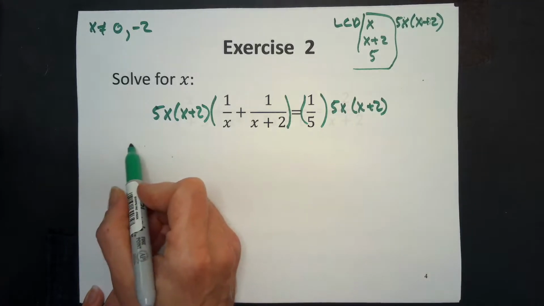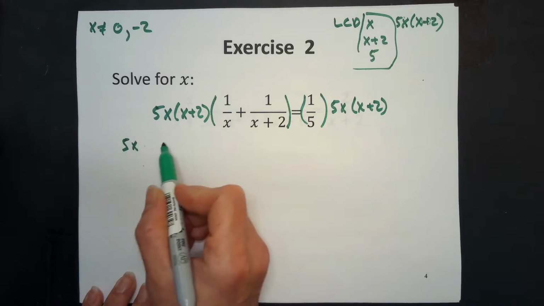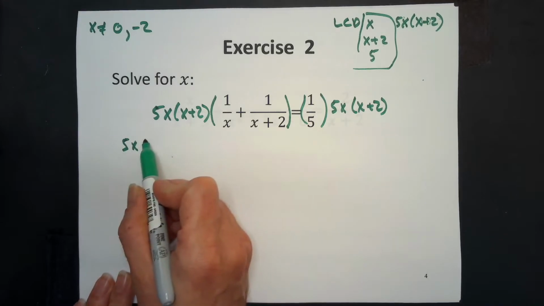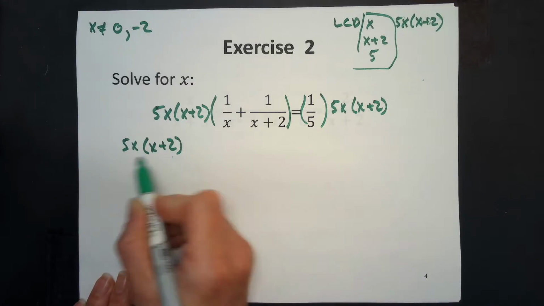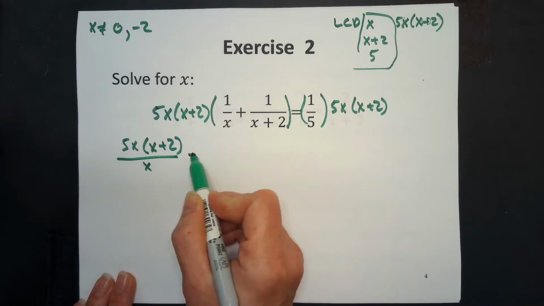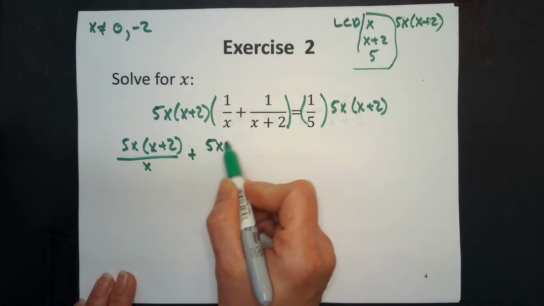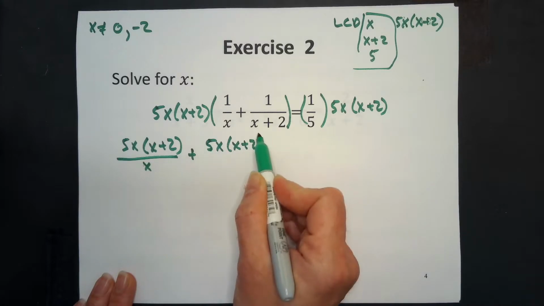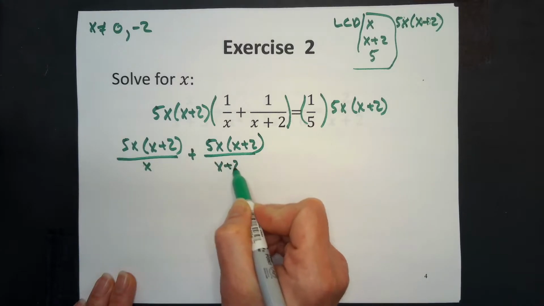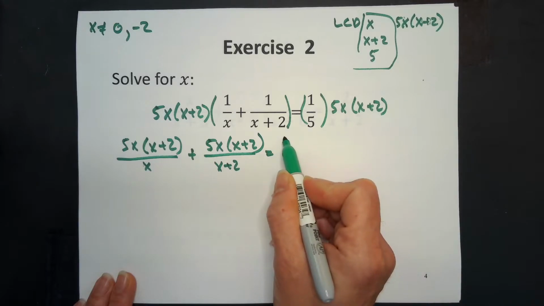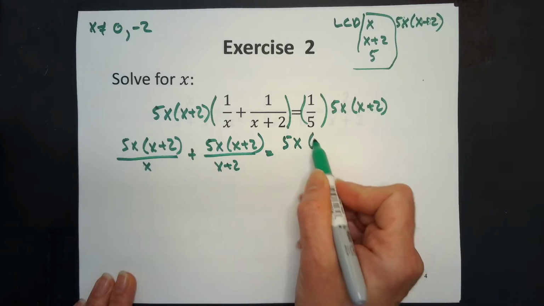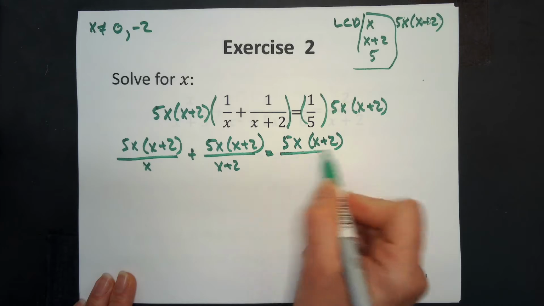And then when I distribute this across, I'm going to get 5x times x plus 2 all over x plus 2, and that's going to equal 5x times x plus 2 all over 5.